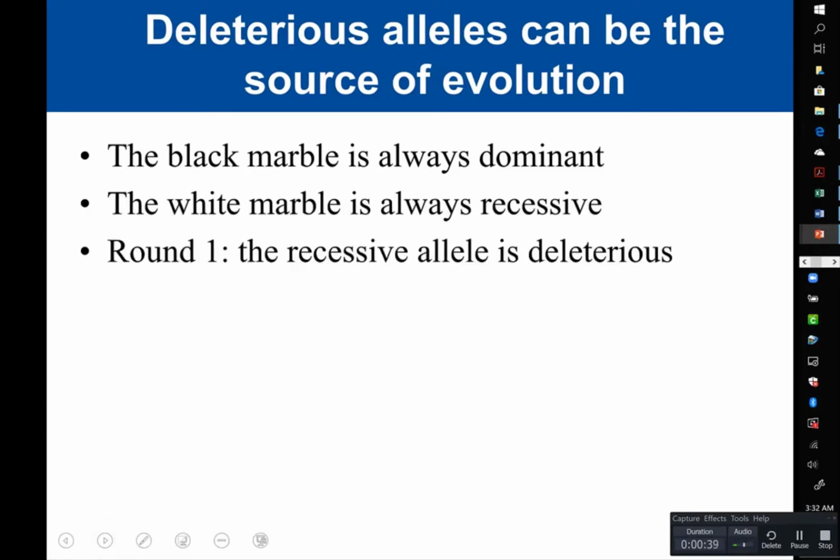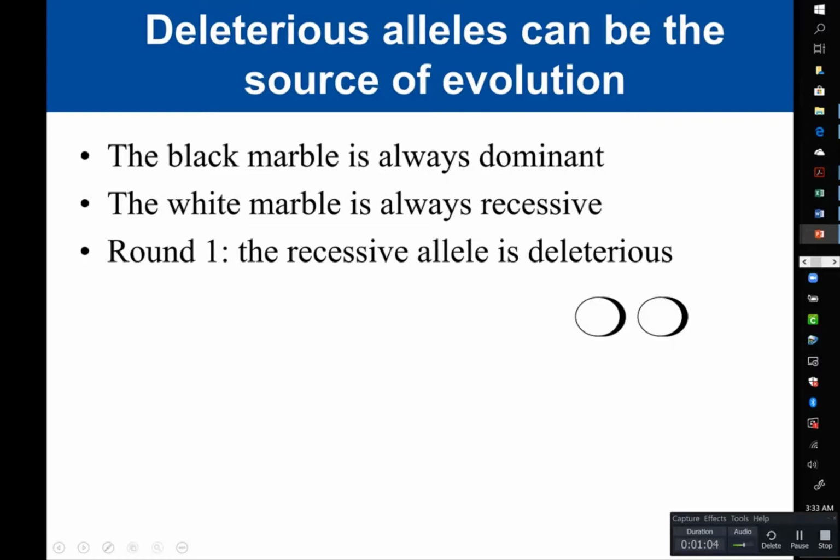In the first round, the recessive allele was the one that was deleterious, meaning that was the one that died off. What that represents is that the 2 white marbles together would be the ones that would die off, because you have to inherit 2 recessive alleles to have the recessive phenotype. So in round 1, the recessive alleles were deleterious.